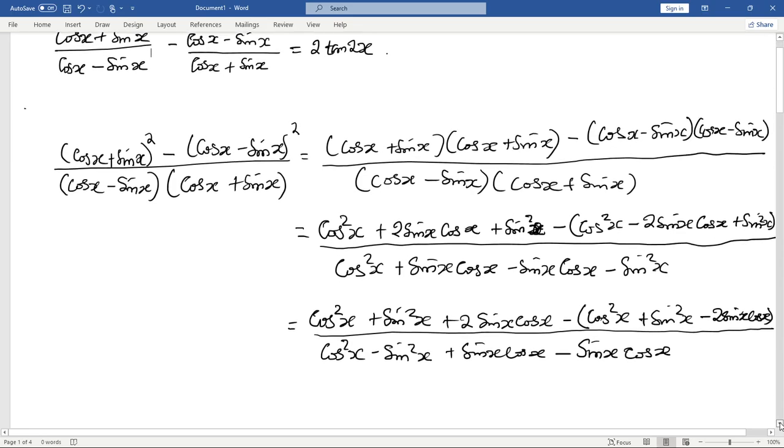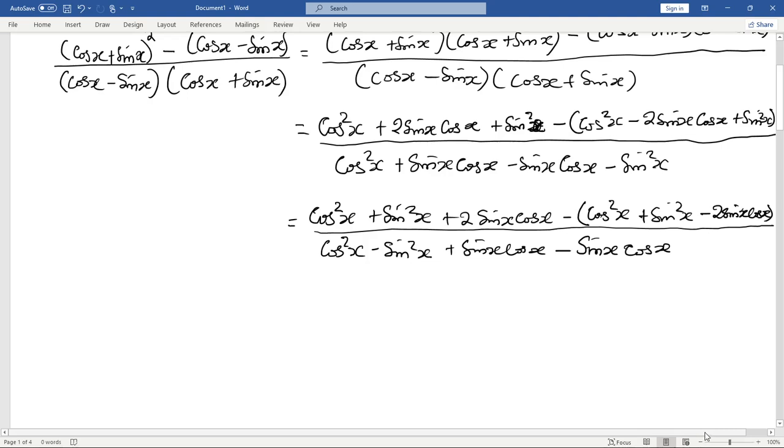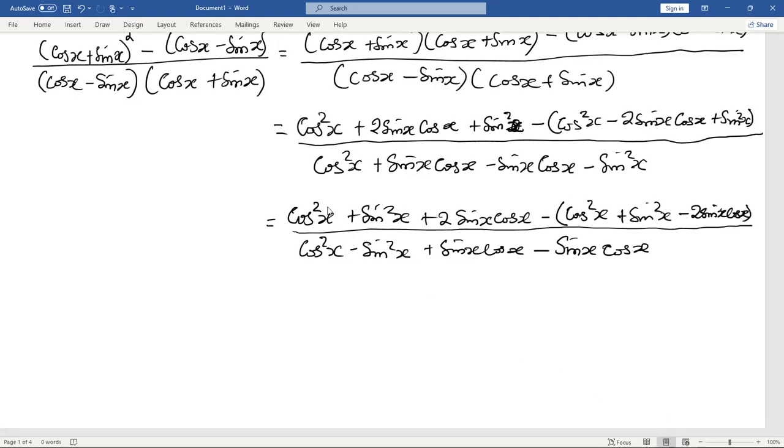Now, from the Pythagorean identity, we know that cos squared x plus sin squared x gives us 1. So where there's cos squared x plus sin squared x, we're going to put a 1. The other identity we're going to use is sin 2x equals 2 sin x cos x.